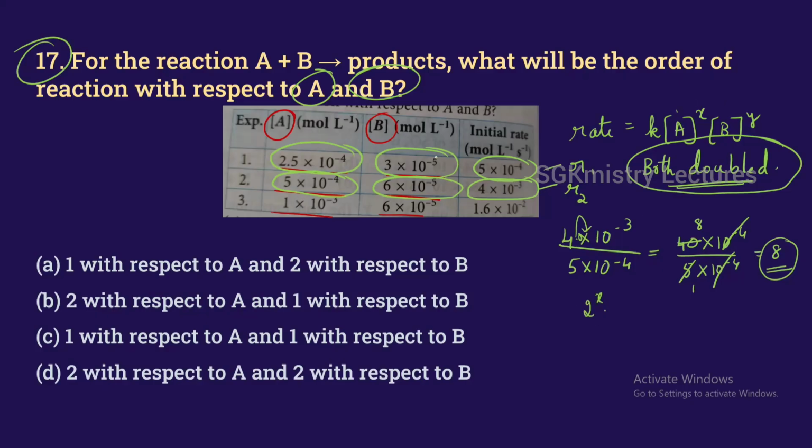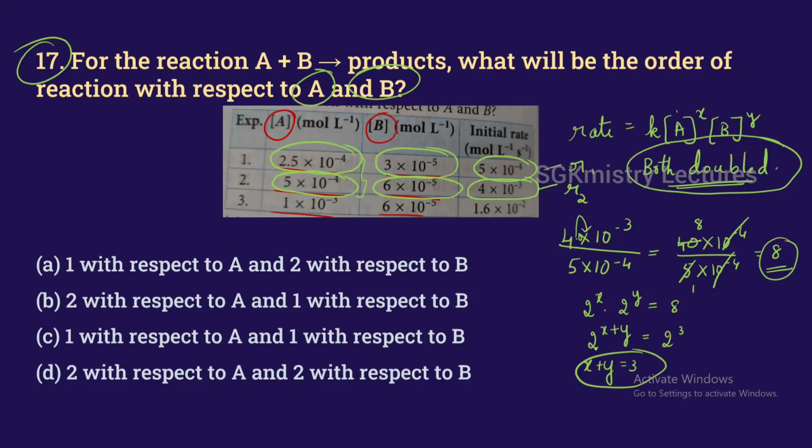First it was 1. Now since it is doubled, I'm taking it as 2. Again, y is also doubled, so 2 to the power of y. So 2 to the power of x plus y is equal to 8, which is 2 to the power of 3, right? So 8 is nothing but 2 cube. So x plus y is equal to 3. This is what we got now.